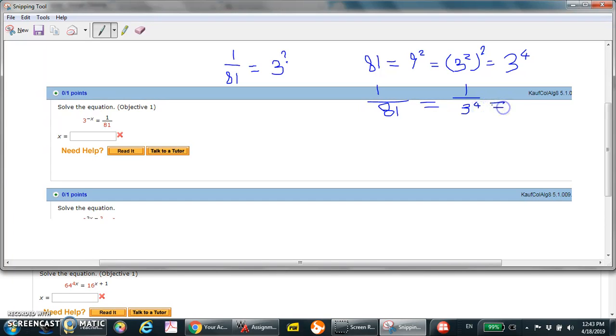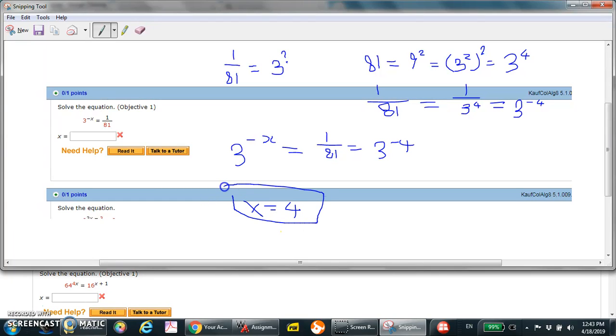And then use the property of exponent. This will be 3 to the negative 4, which means 3 to the x equals 1 over 81 equals 3 to the negative 4. So x equals 4. Okay, x equals 4.